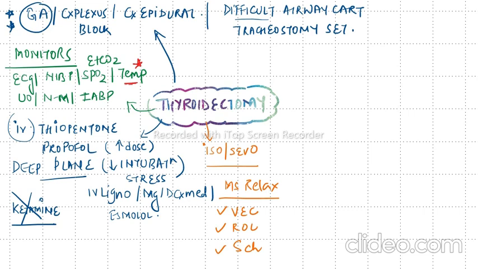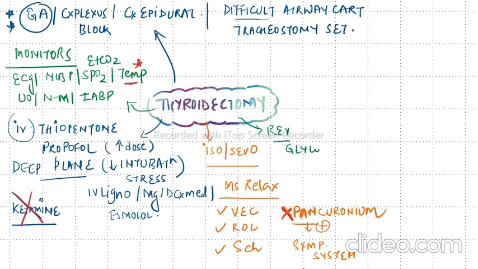Okay, but never use pancuronium for the same reason, that it also stimulates the sympathetic system. For reversal, we will give glyco plus neostigmine.